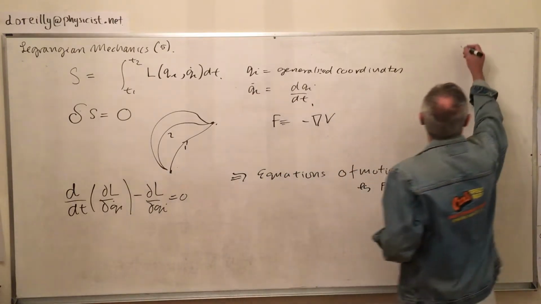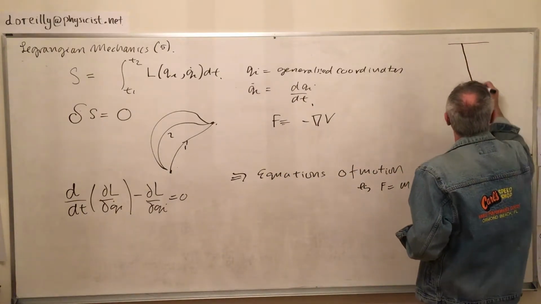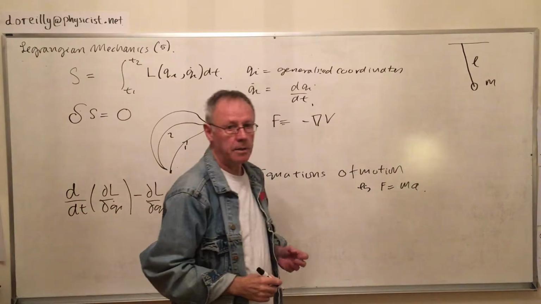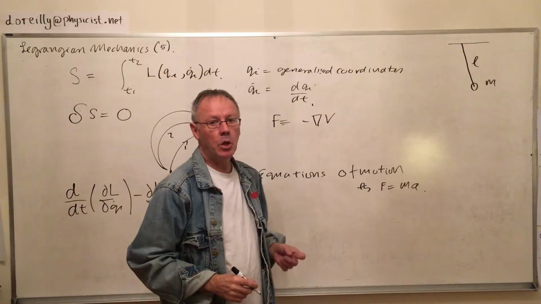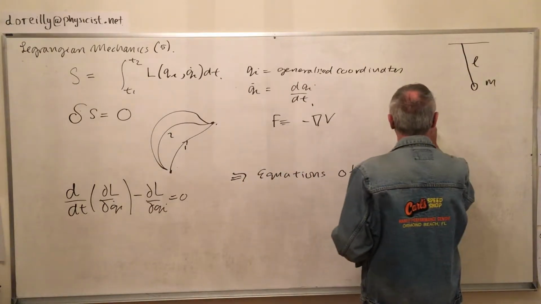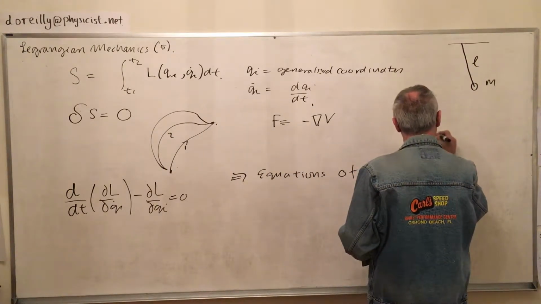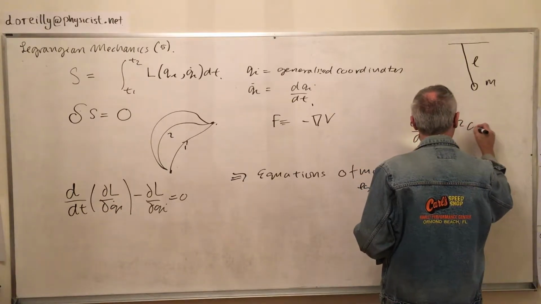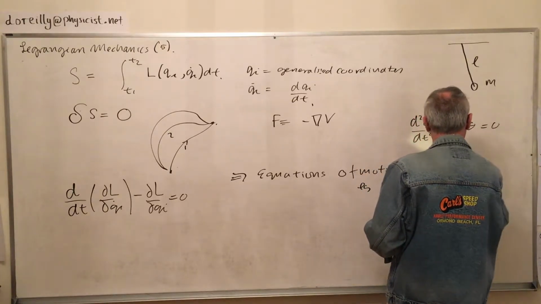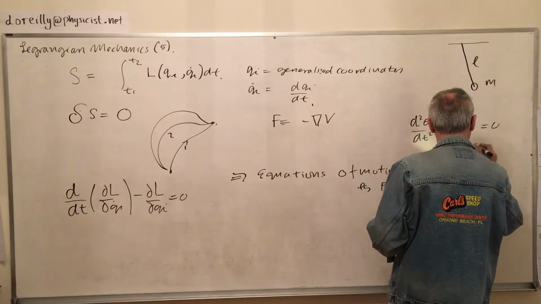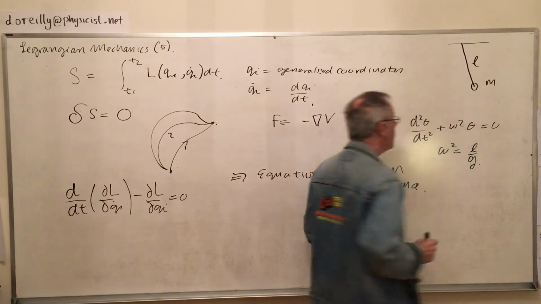Now yesterday we looked at a simple pendulum of length L and a mass on a string, swinging. And we chose small oscillations. Okay?